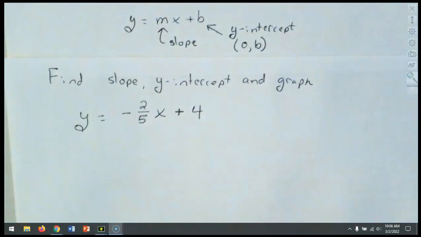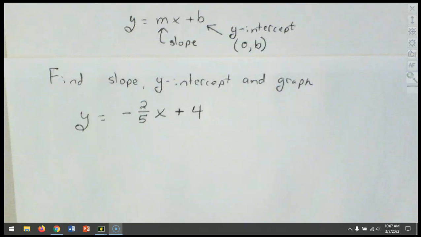I picked one that was already in slope-intercept form. When we go to graph these, we need to make sure, first off, that it's been solved for y. Has it been solved for y already? Yes. If it's not, which we'll look at in a moment, then we do that. This one we didn't have to.